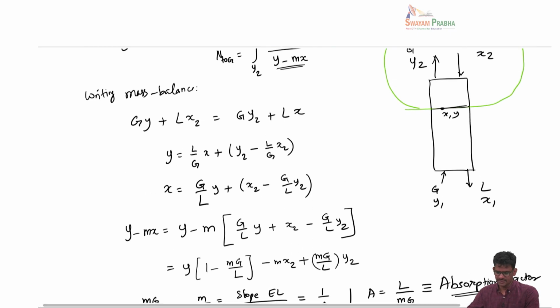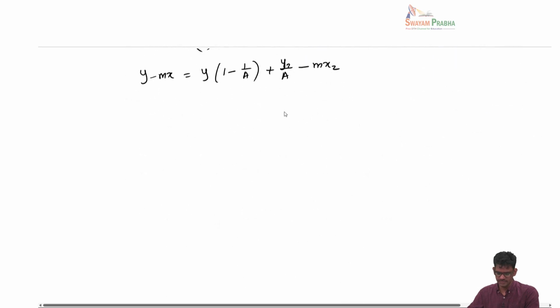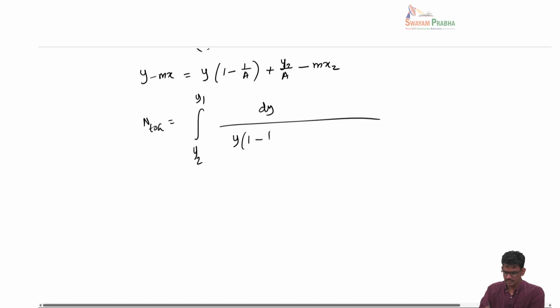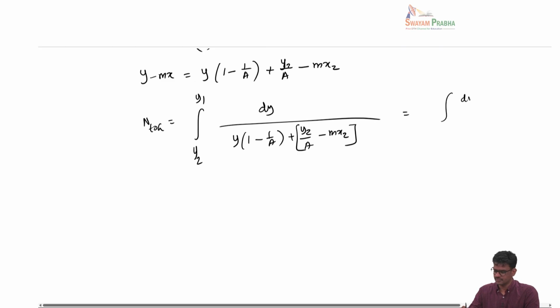So I can now substitute that expression in this NTU or NTOG. So my NTOG calculation is integral y2 to y1 dy, so this basically is in the form of dy by ay plus b, something like this, and you can easily integrate this out, right, because this entire term is a constant. 1 minus 1 by A is also constant.